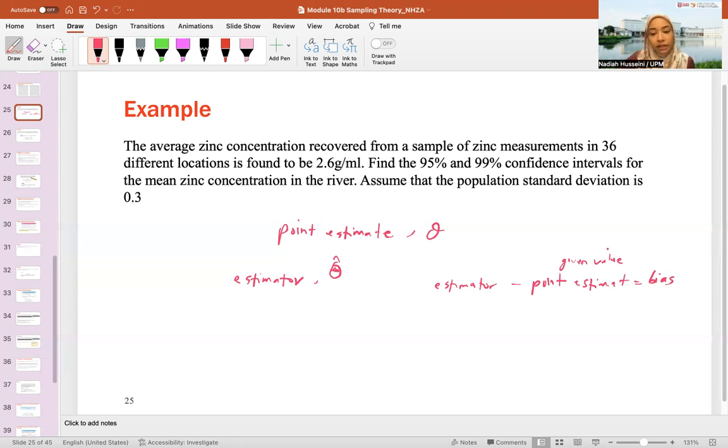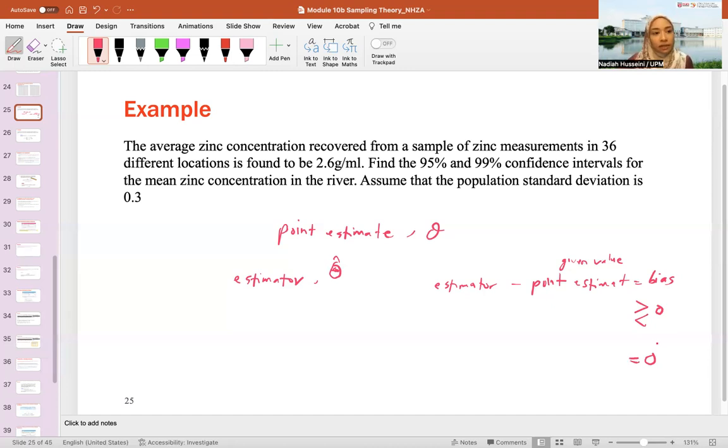And you find out that our estimator is off by some value. So if it is off by some value, it will be greater or less than 0. This means that your estimator has a bias, whereas if your estimator minus your point estimate is equal to 0, then your estimator is not biased, and that is great news.